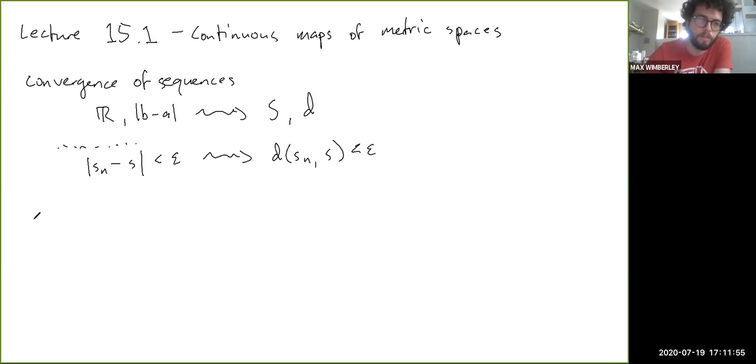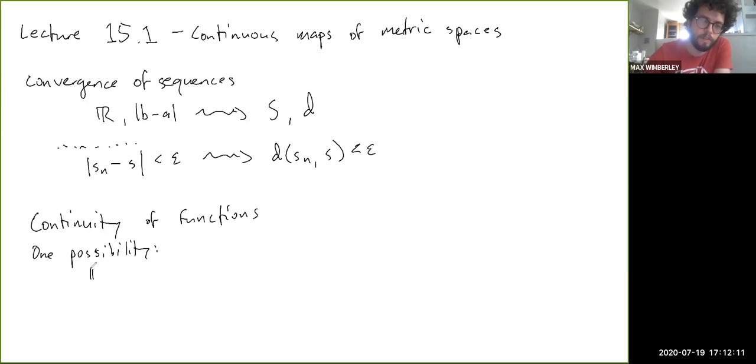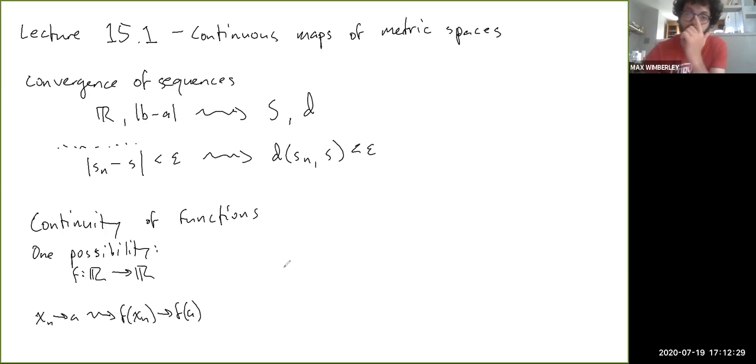With continuity of functions, one possibility: in the case of functions from R to R, xn approaching a, roughly speaking, means that f(xn) approaches f(a).